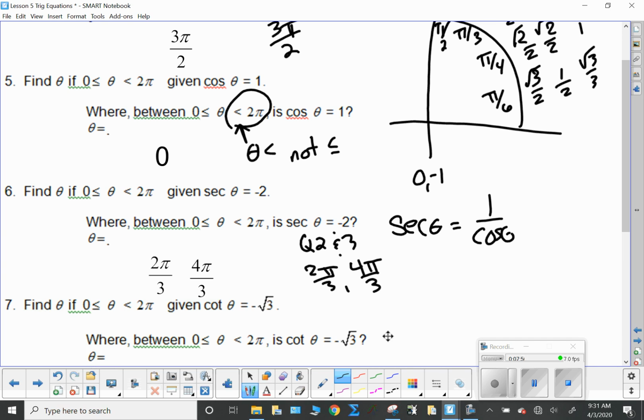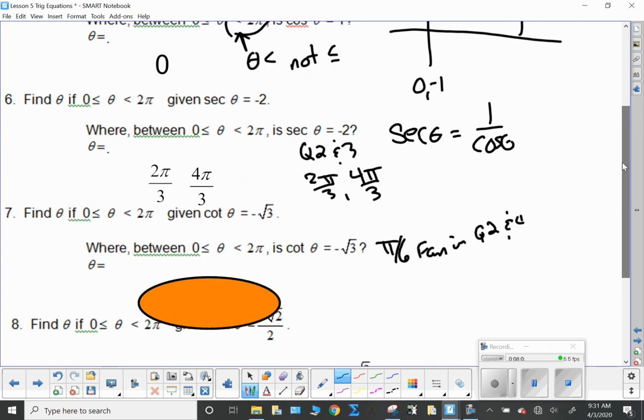So this is going to be pi/6 family in quadrants 2 and 4. So what are those values? Well, in quadrant 2, it's going to be 5 pi/6, and in quadrant 4, it's 11 pi/6.